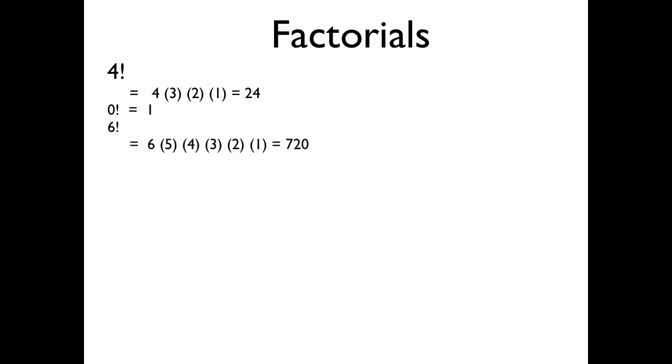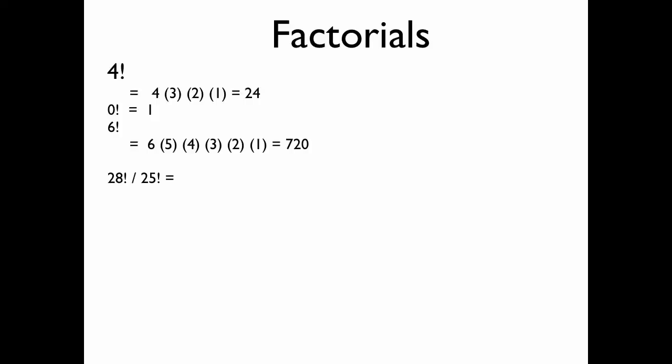You're going to start at 6. You're going to multiply down by whole values until you get to 1. And you should get 720. 6 times 5 times 4 times 3 times 2 times 1. Okay, what about 28 factorial divided by 25 factorial?